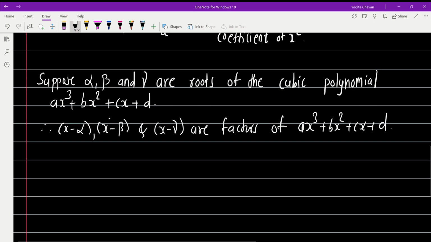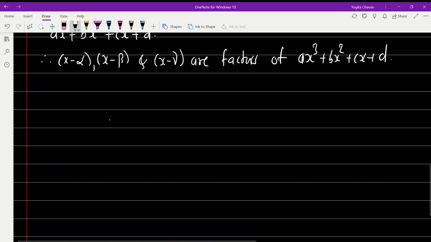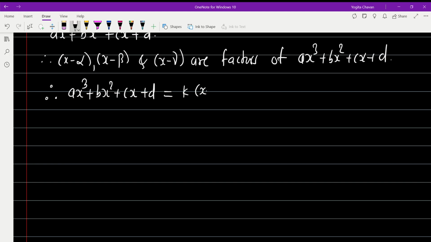And therefore ax cube plus bx square plus cx plus d is equal to k into x minus alpha into x minus beta into x minus gamma.